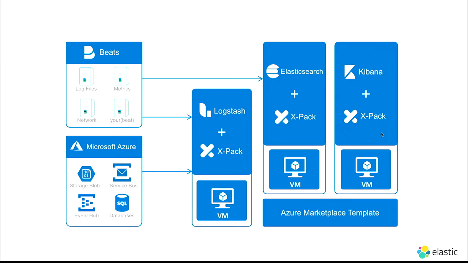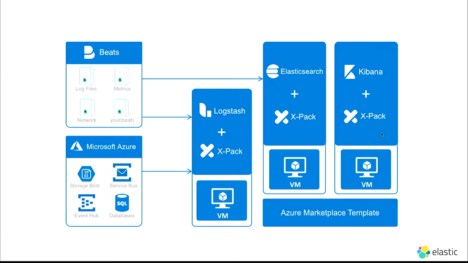What does that do? XPack is the commercial extension that we have on top of the open source. Unlike some other open source companies, we don't have an enterprise edition of all of our open source components. We just have the open source components, and we just continue to develop them and release new versions of them.